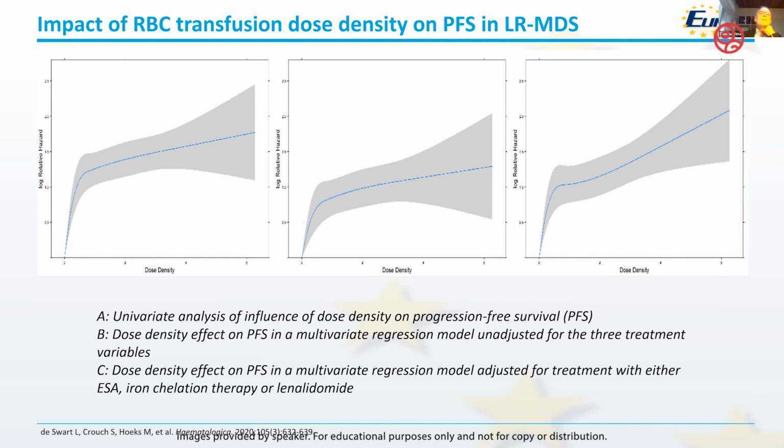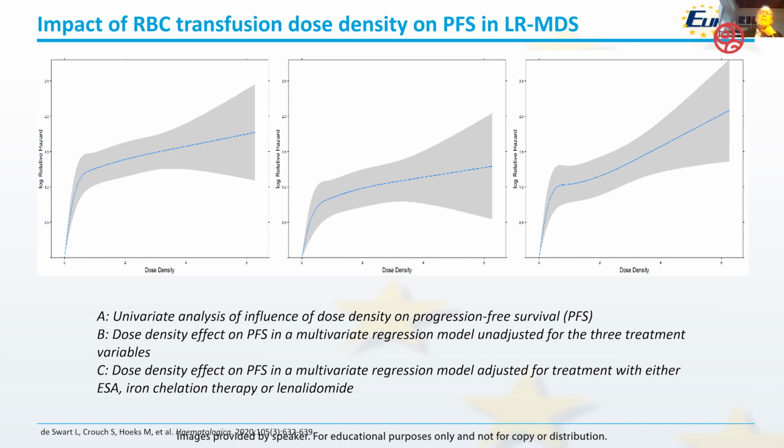In the multivariate model, you see the same increase very early, at very low dosages of red blood cell transfusions per month.